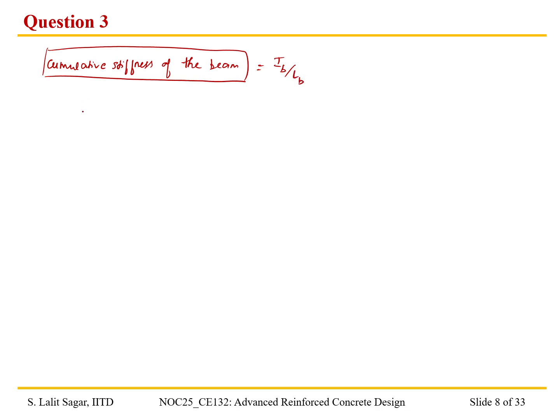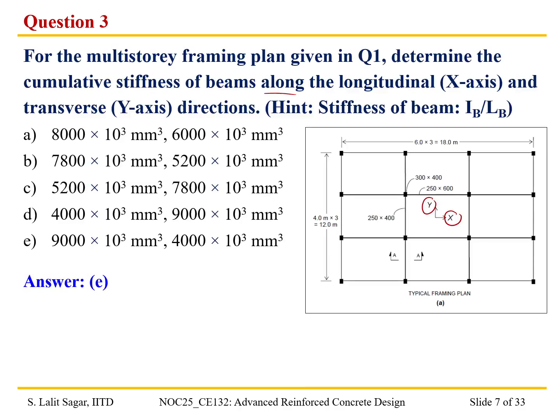Okay, so first we'll do along the x-axis, right? So what is the value of IB? Let us remember that the dimensions of the beam in the longitudinal direction are 250 by 600.